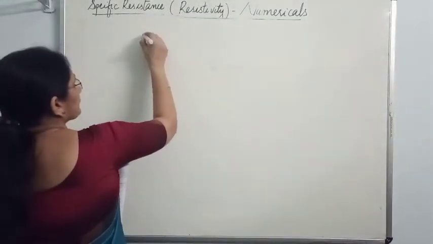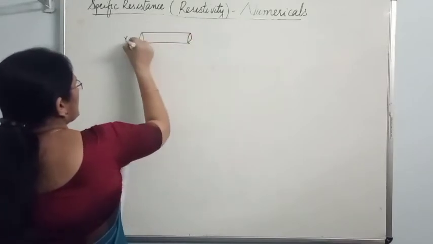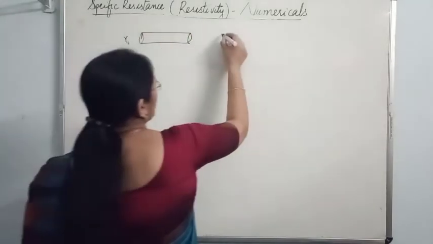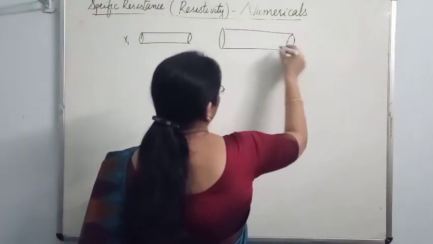Next numerical, question number 12 from page number 172. Two wires of copper having the same length have radii R1 and R2. Compare their resistances and resistivities. Two pieces of copper wire having radius R1 and R2.